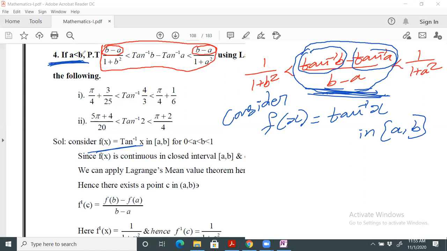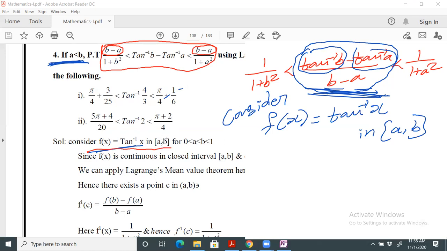A is a lesser value than b, so we have to use the closed interval a comma b. That is a very important step of our problem. So consider f of x equals tan inverse x in the closed interval a comma b.